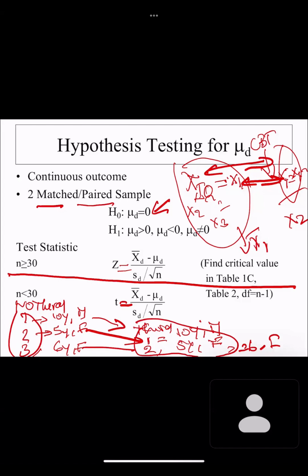Not 6, 3. If I have 5 people, I measured before, and then I measure after, the N is 5, it's not N1, N2. So my statistic is X bar of the D, the average difference that I compute from the data, minus what's mu of D under H0?